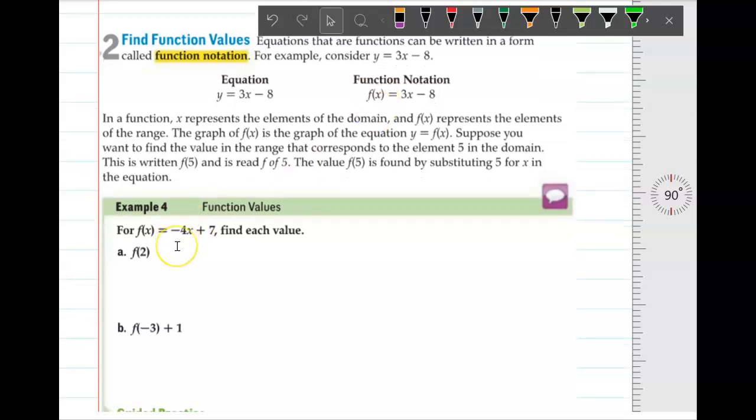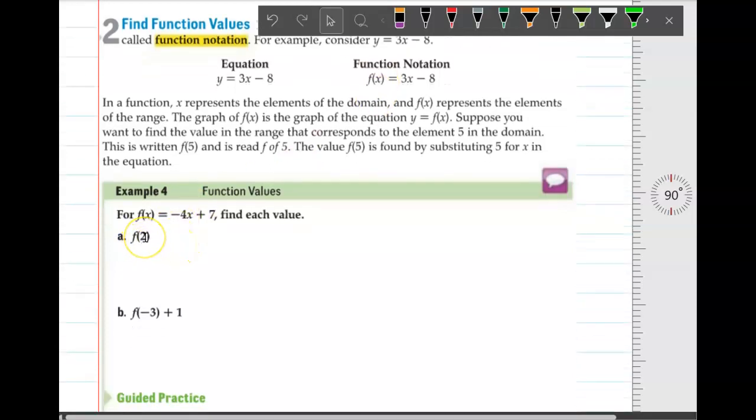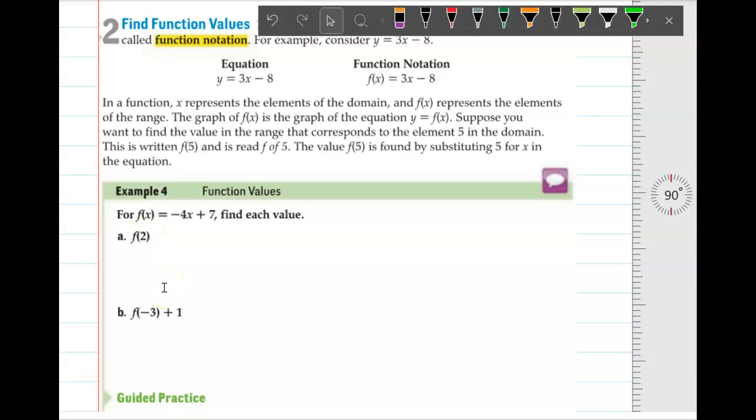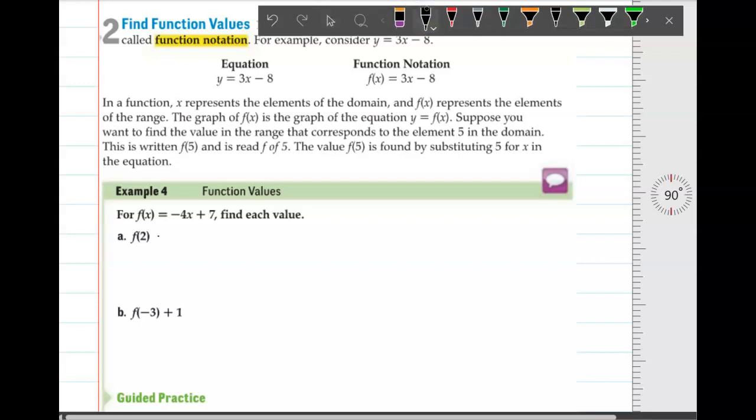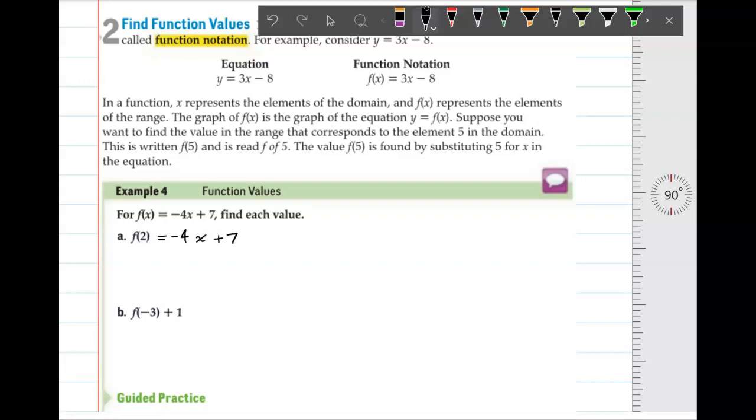And when we have f of a number, that simply means to replace the number in the x spot in the equation. So right here, we write the equation just as we see it right above. We take out the x and put in parentheses so we remember where the variable was standing, and we replace it with the number 2.